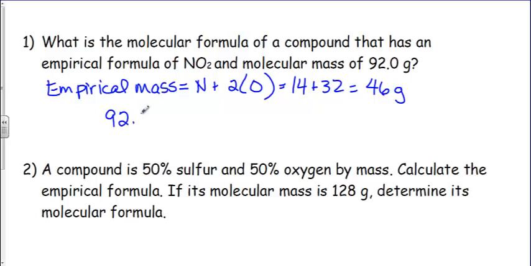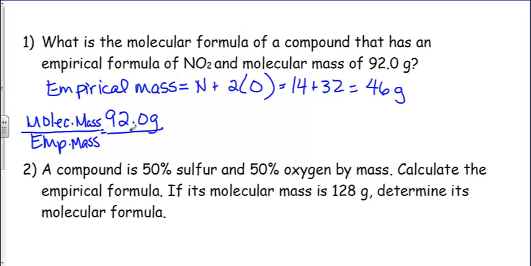We can simply divide our molecular mass by the empirical mass, which gives us our number to multiply by. We have 92 grams divided by 46 grams, and when we divide that out, we get 2.